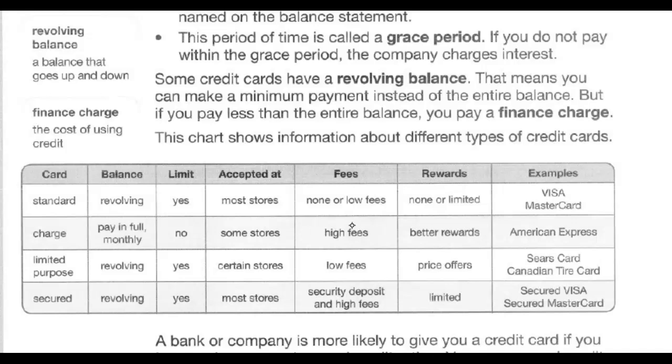Usually the credit cards for stores, so like if you have a credit card at the Bay or at Home Depot or at any kind of big box department store, their interest rates are usually higher than a bank credit card. So Visa, MasterCard, American Express, those ones are usually lower interest rates.